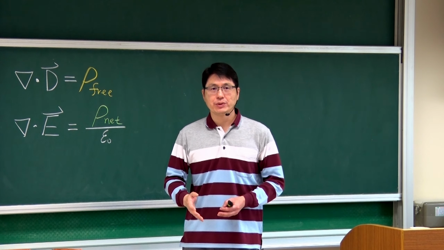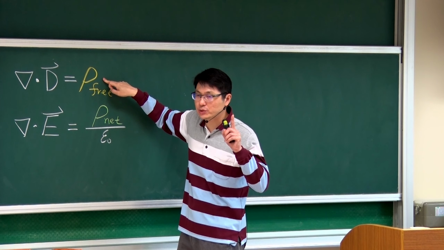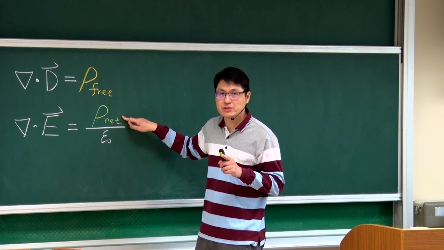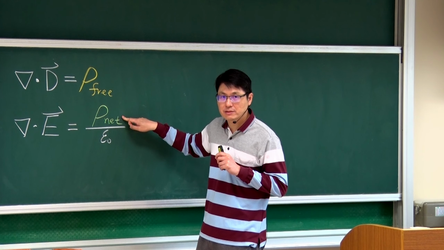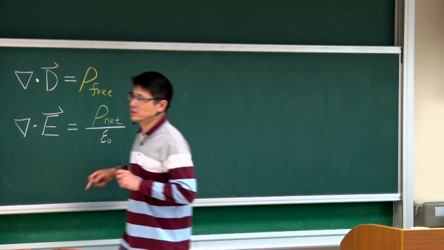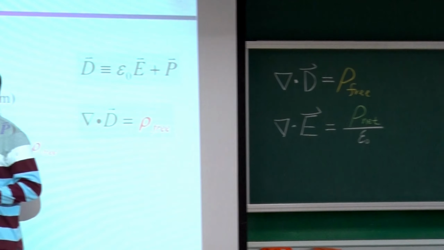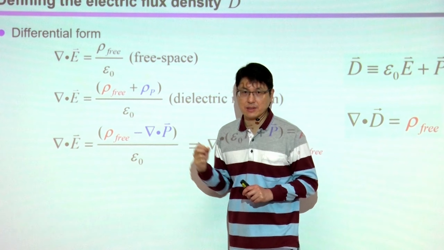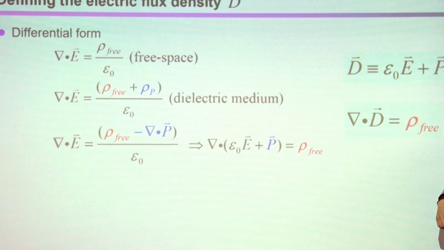So inside the material, this D is related to only the free charge, but E is related to the total charge. Okay? This net charge is the sum of free charge density plus the polarization charge density. Right?